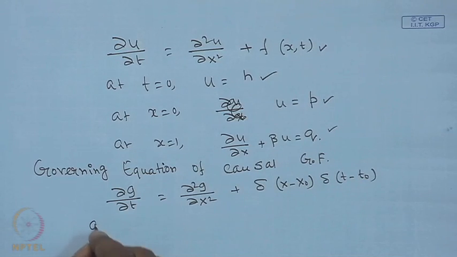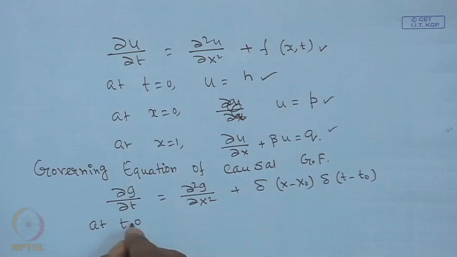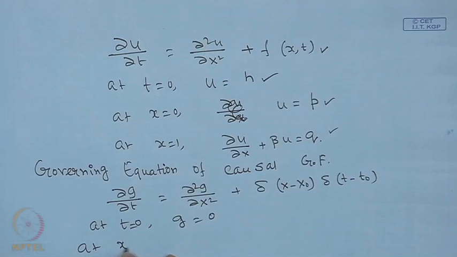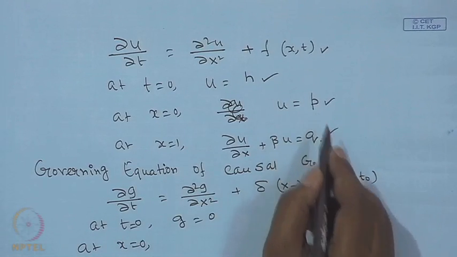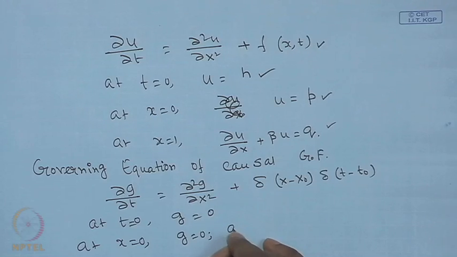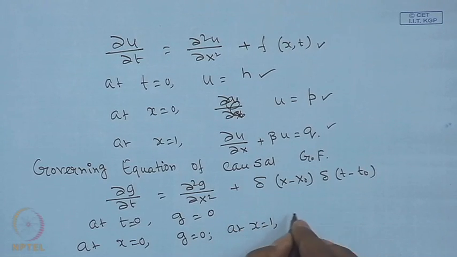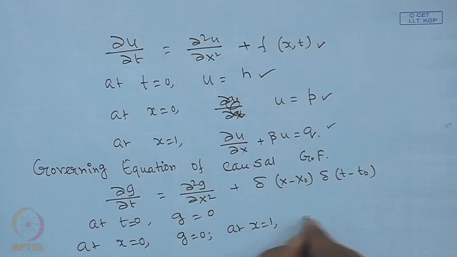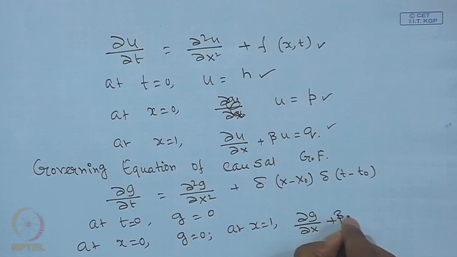So, at t = 0 we had u = h, therefore g = 0. At x = 0 we had u = p, therefore g = 0. At x = 1 we had ∂u/∂x + βu = q, so this is ∂g/∂x + βg = 0.